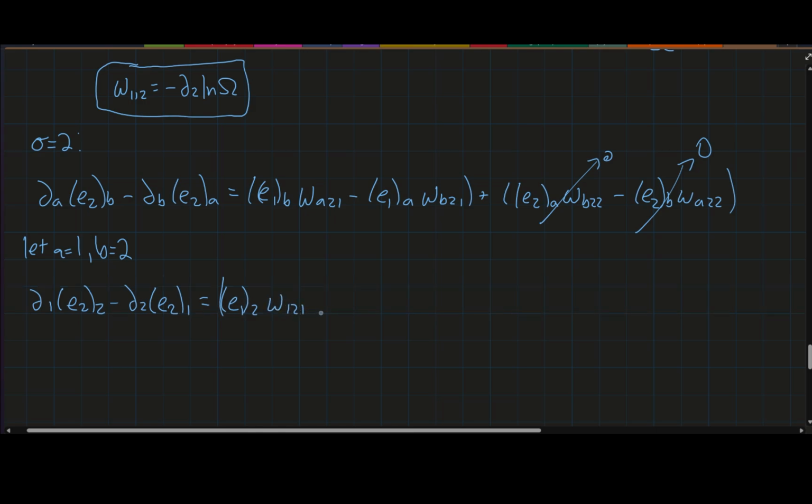W1 21 minus E1 1 W2 21. So that is going to be then del 1 of omega minus del 2 of just 0. Get a Kronecker delta of 2 and 1, so it's going to be 0. Again, we get 0 here for a similar reason, times W121 minus, and then we get a negative omega in the bracket, and W221.